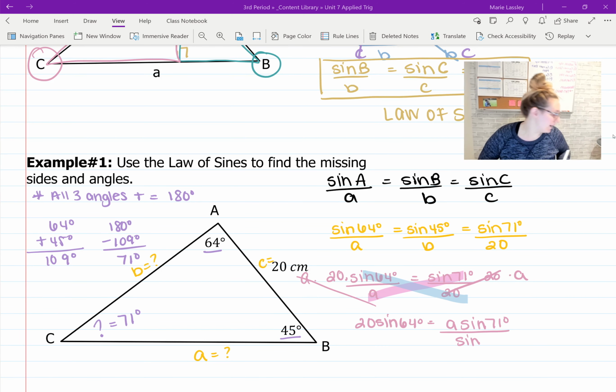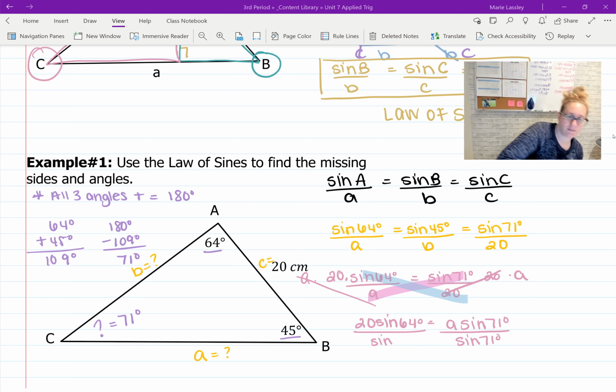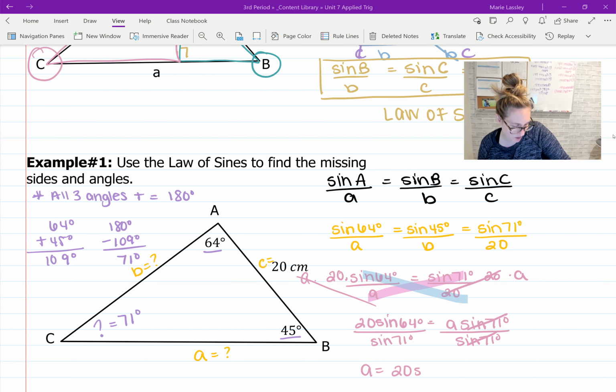And now we're going to go to our calculator. So right now A equals 20 sine of 64 divided by the sine of 71, and we're going to plug that in and see what we get.